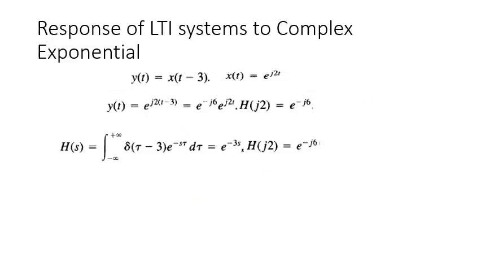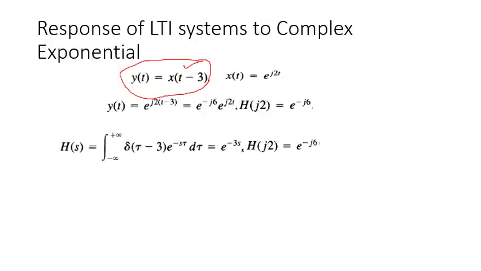So let's consider an example. We have the input-output relationship as shown here. The system is shifting the input signal by 3 to the right, or simply, the output is the delayed version of the input.